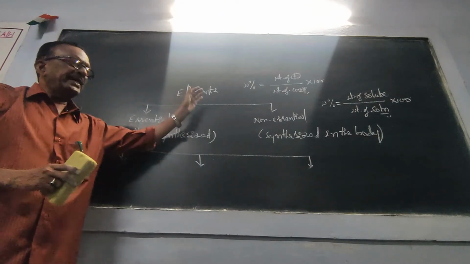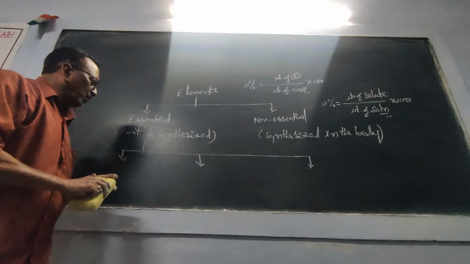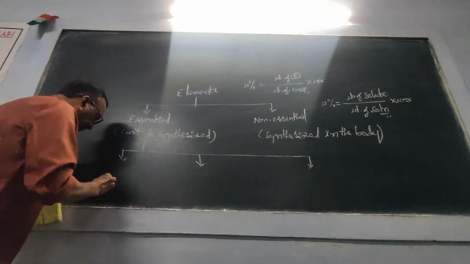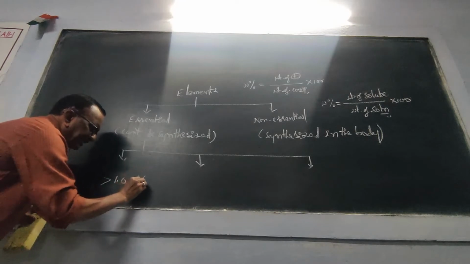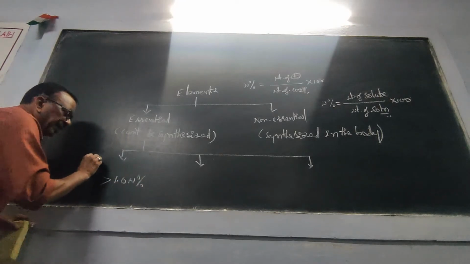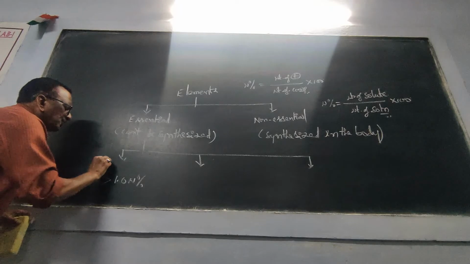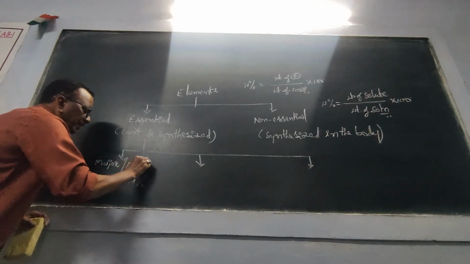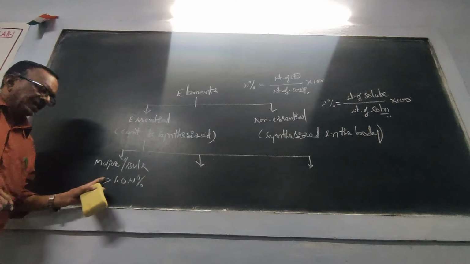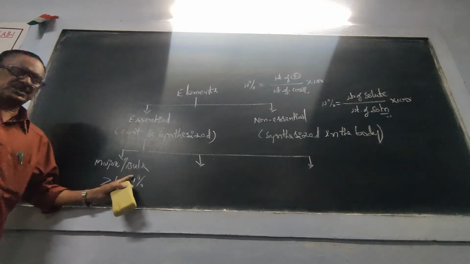based on their weight percent. Suppose the elements have greater than 1.0 weight percent, then they are called major or bulk elements. Greater than 1 weight percent.